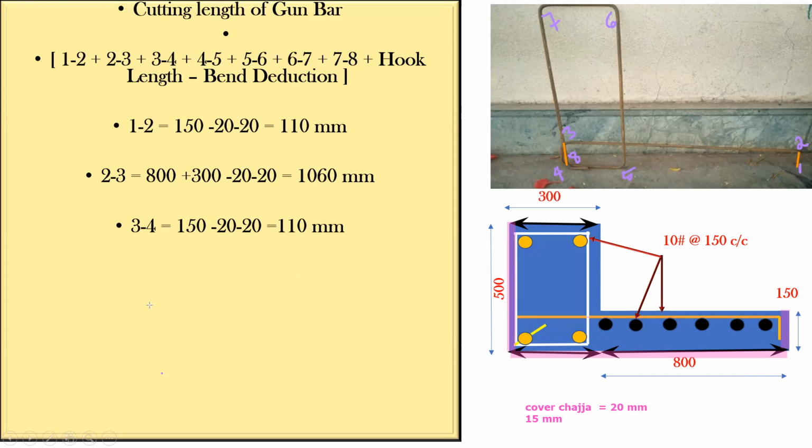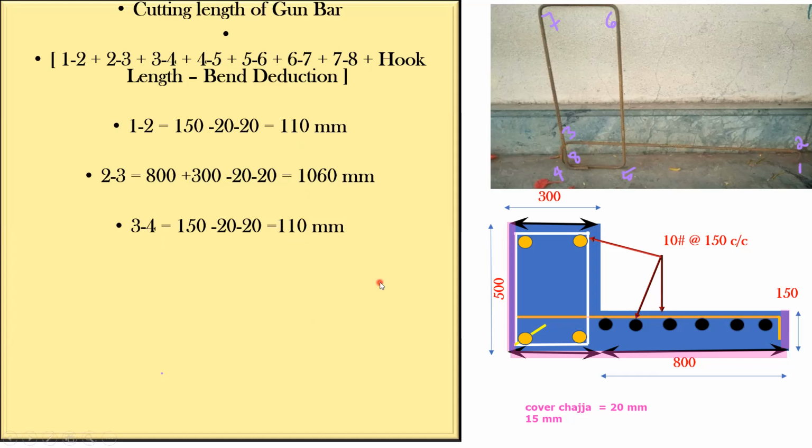So you can directly take 3 to 4. 3 to 4 will be 150. This thickness is 150. Top cover you deduct, bottom cover you deduct, 110. 1 to 2, whatever you got, the same will be 3 to 4. So 110 and 110. This much is understood. So this distance and this distance will be the same. You don't have to worry about that.